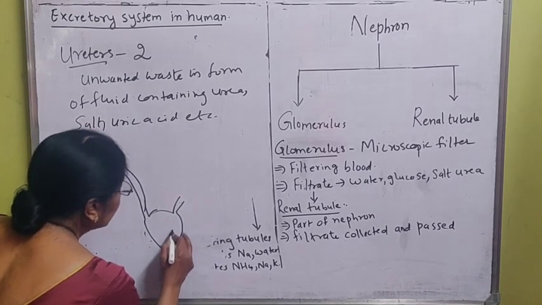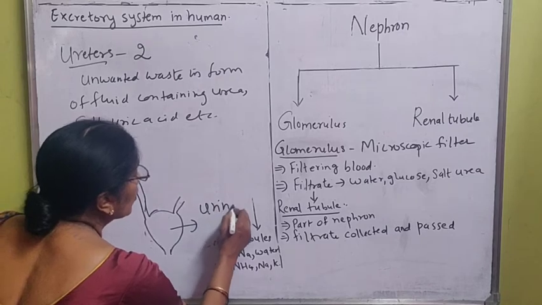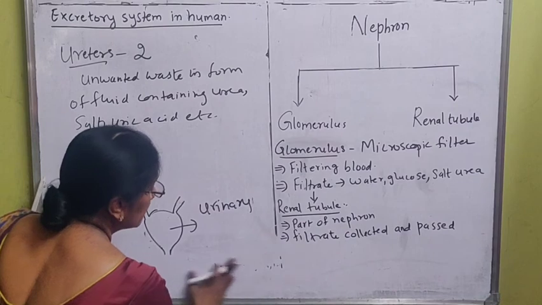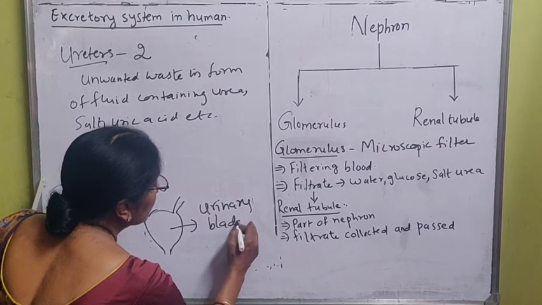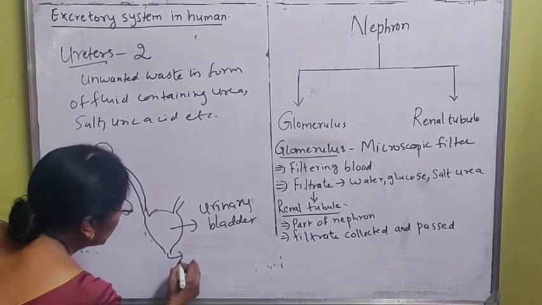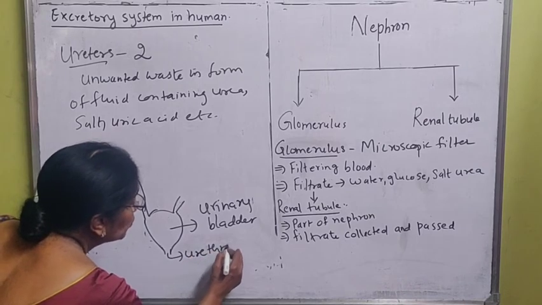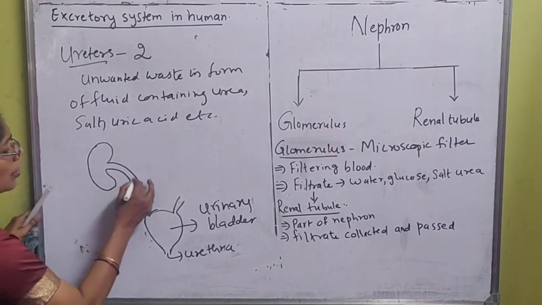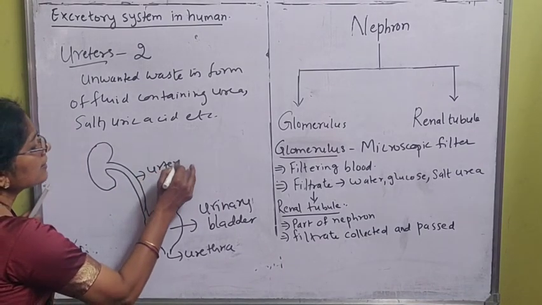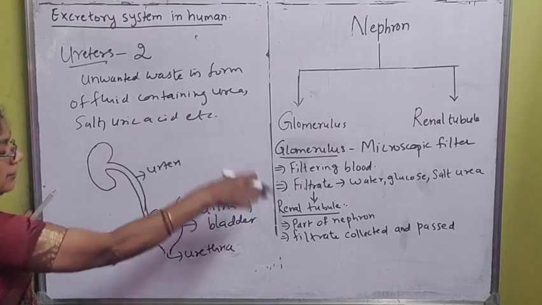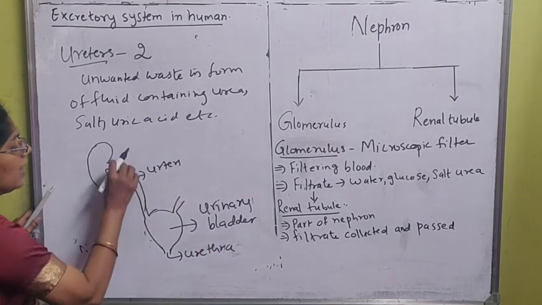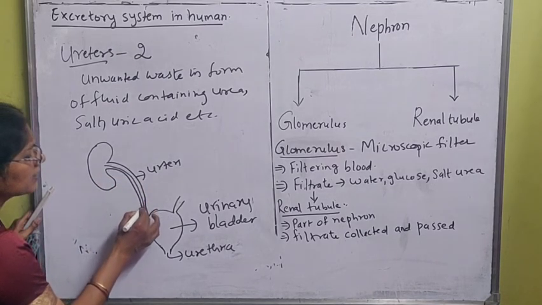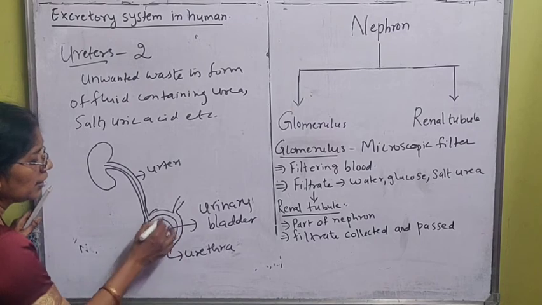This is called your urinary bladder, and the opening over here is called the urethra. So you came to know this is what we call the ureters. That is where the collecting tubule will end. From there your ureter will start, and the unwanted liquid will pass through this and enter into the urinary bladder.